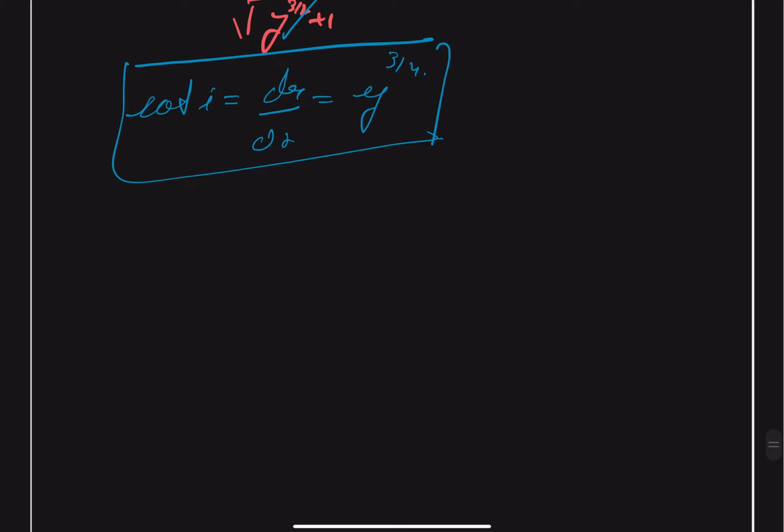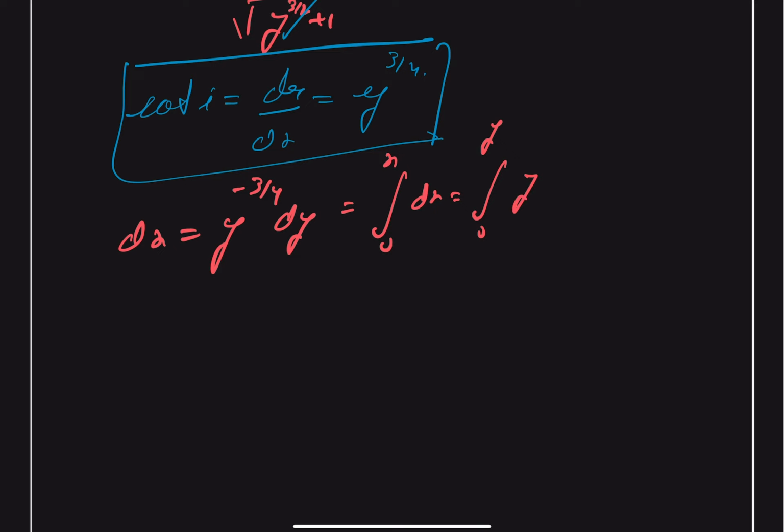So from here we can write that our dx is equal to y^(-3/4) times dy. Integrating x from 0 to x and y from 0 to y, because the initial coordinate for both x and y is 0 and the final coordinate is x and y. This comes to the integral of y^(-3/4) dy.